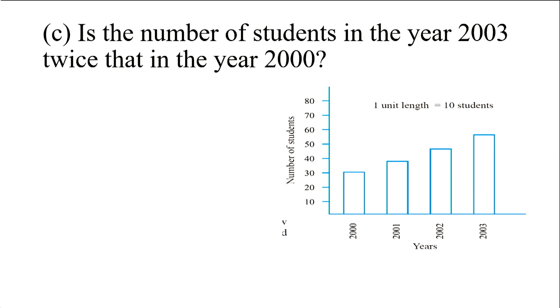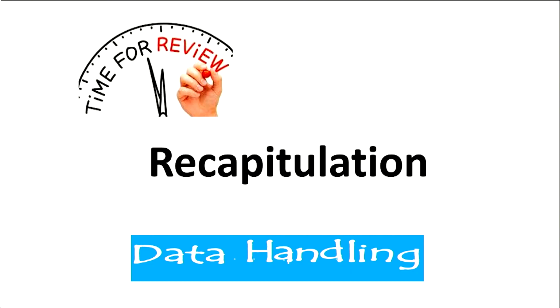Is the number of students in 2003 twice that in the year 2000? Yes, there are 30 students in 2000 and there are 60 students in 2003. Therefore, the number of students in the year 2003 is twice that in the year 2000.